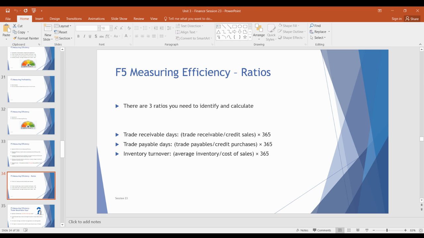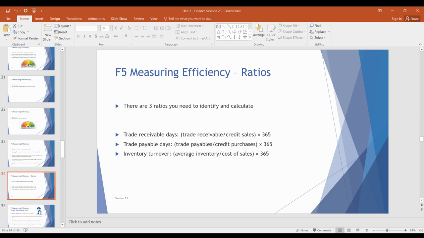In order to calculate trade receivable days, you need trade receivables divided by credit sales times 365. Trade payable days is trade payables divided by credit purchases times 365. And inventory turnover is the average inventory divided by the cost of sales times 365.